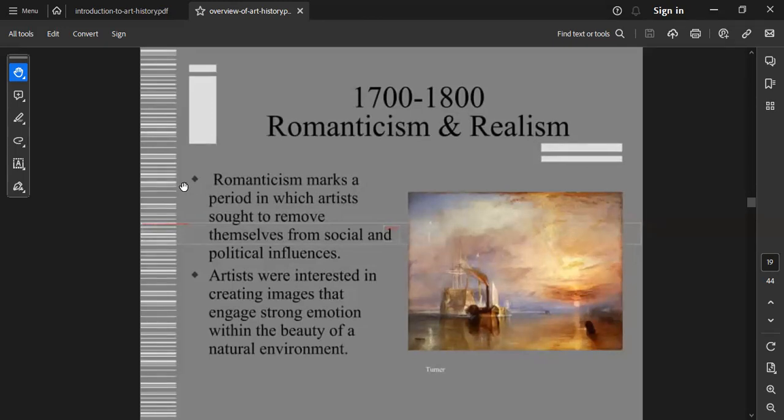So here, Romanticism marks a period in which artists sought to remove themselves from social and political influence. Again, you have to understand the reason why Romanticism came into place. Because before that phase, till 1690, society was so politically hindered: changes in emperors, changes in ideologies, changes in religion, changes in morals, changes in societal hierarchy and structure.